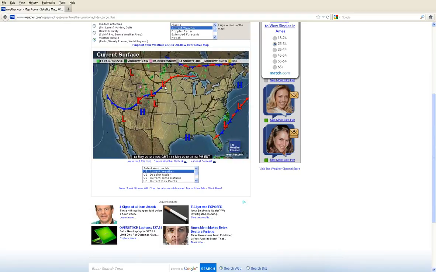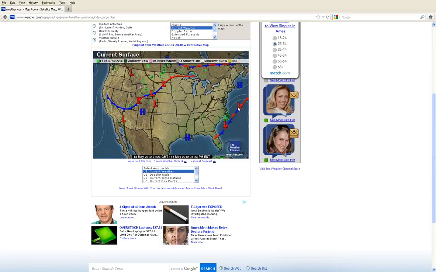You'll notice there are these L's, and these L's stand for low pressure. In Chapter 1, as you're reviewing the video, you will see the definition of pressure. It's the amount of force per unit area.